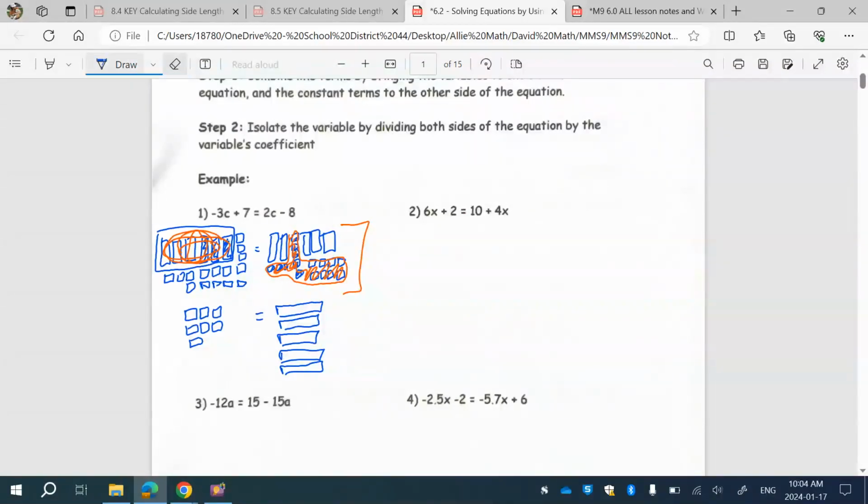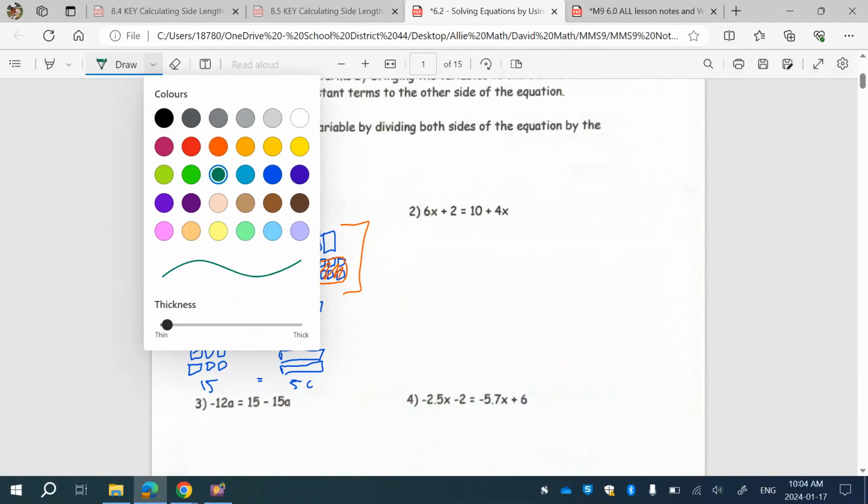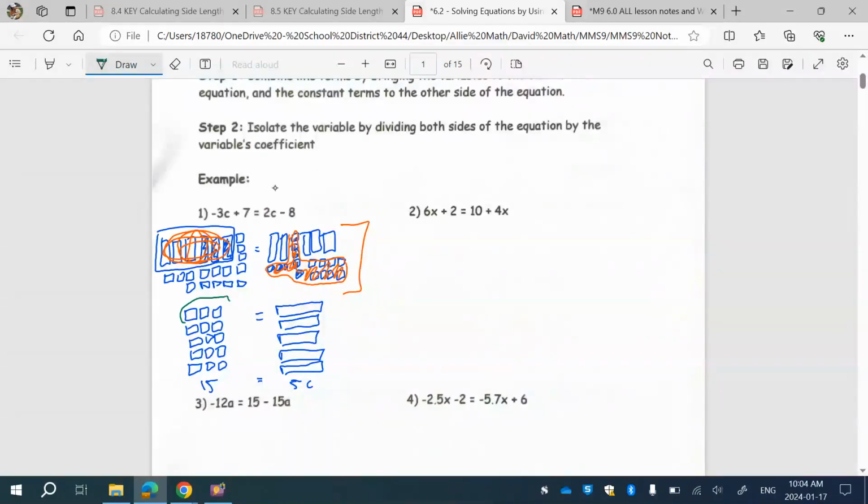So I'm just dividing this 15 evenly amongst these 5 rows. 1, 2, 3. 1, 2, 3. And 1, 2, 3. So we essentially have 15 equals 5c. If we look at each of these rows, we can see that each of these c's equals 3. So our answer equals 3.